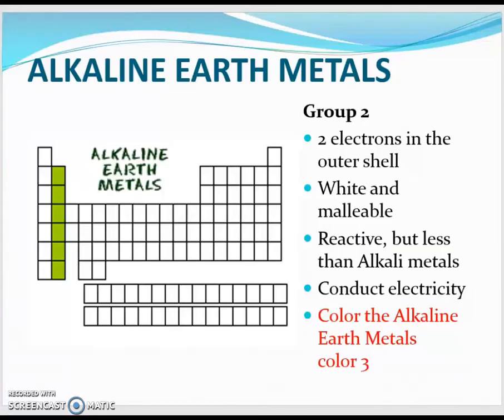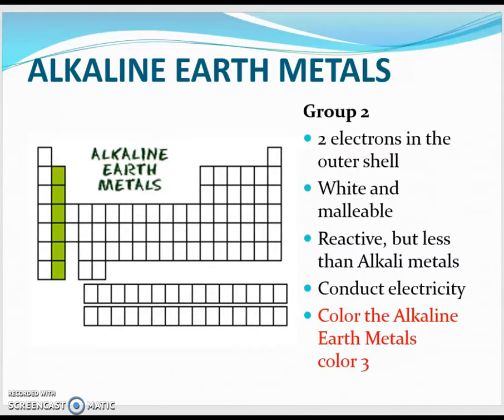Our next group or family are the alkaline earth metals, and these have 2 electrons in their outer shell. They are harder and denser and melt at higher temperatures than the alkali metals, but they're also very reactive. So they are similar to the alkali metals, just not quite as reactive.